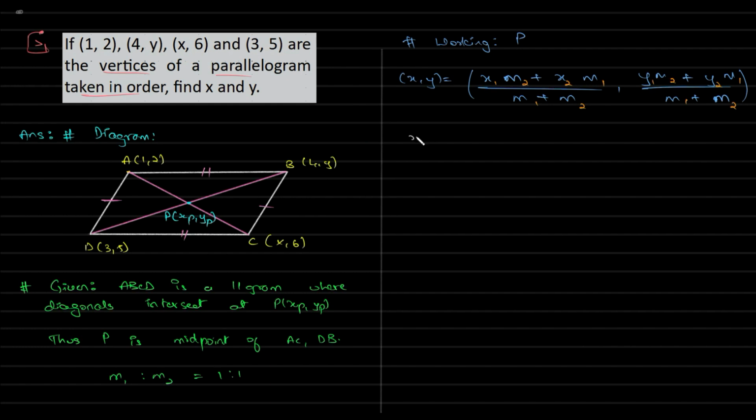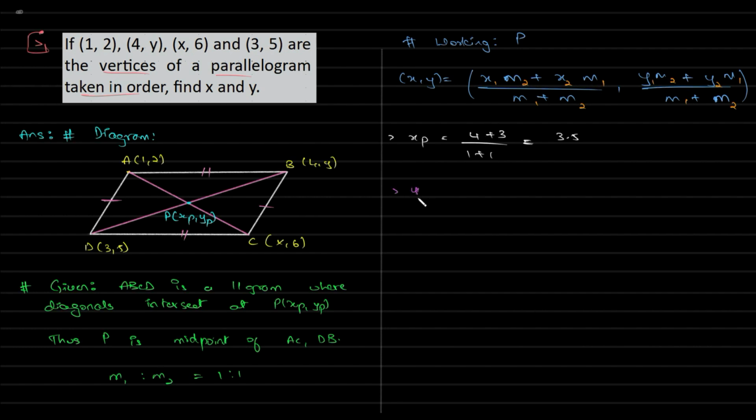So how do you find XP? We can find it with the help of AC. No, because the X component is unknown. So BD. Along the BD also it is the midpoint. So 4 plus 3 divided by 1 plus 1. So basically 7 by 2, 3.5. I'm just substituting M as 1 and 1, so I'm not showing that. That is okay if you don't show.